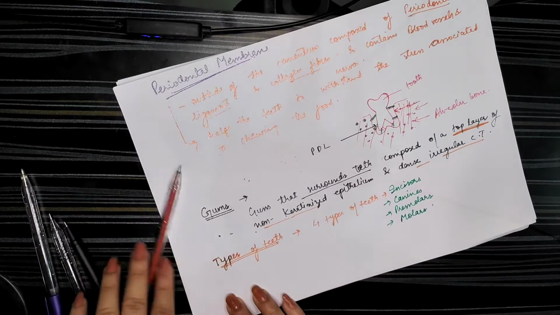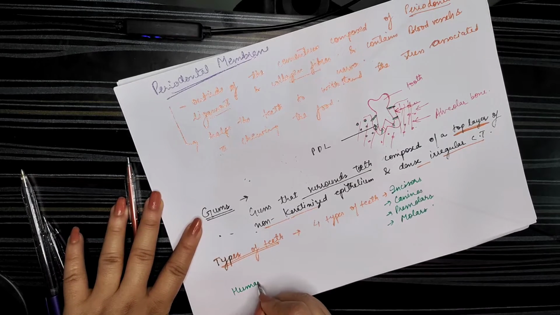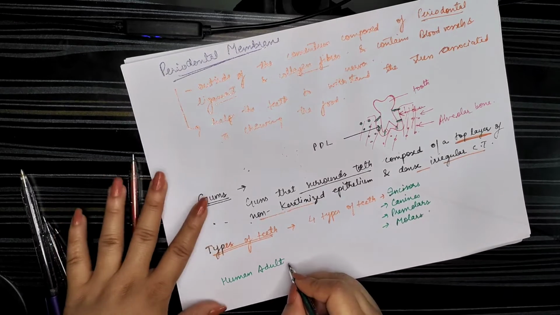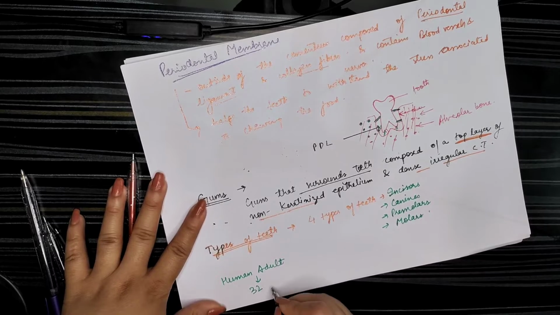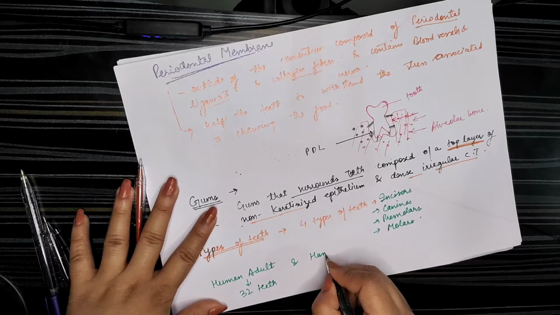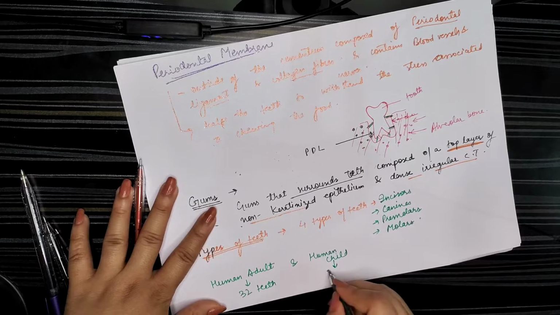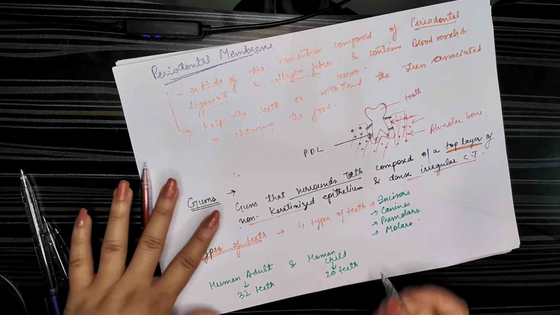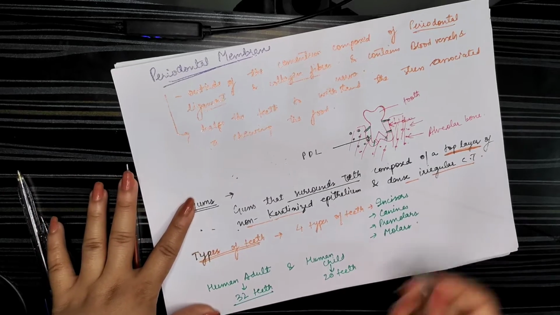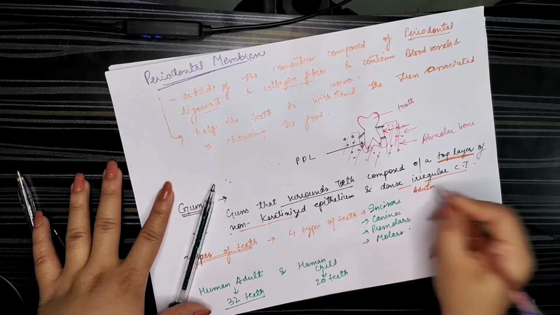And a human adult contains 32 teeth and a human child contains 20 teeth. Okay. That is for adults, and that is for child.